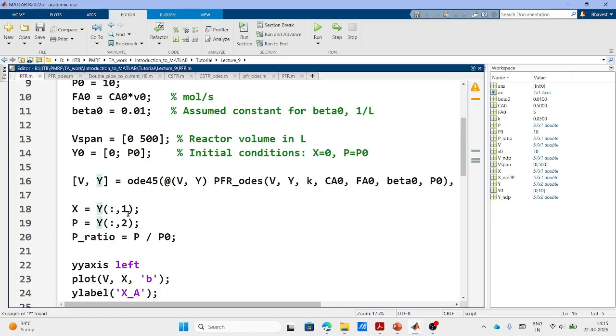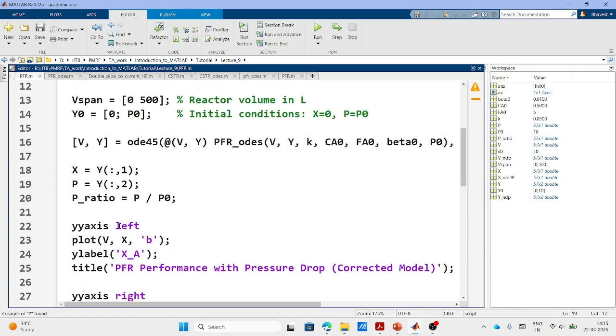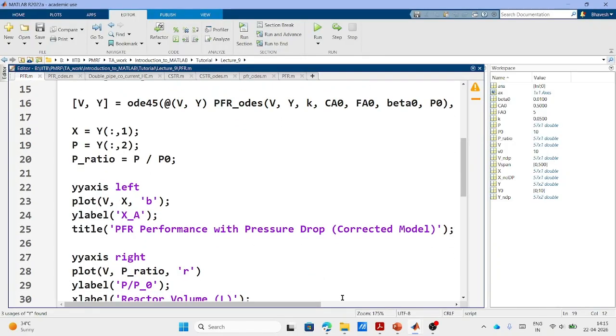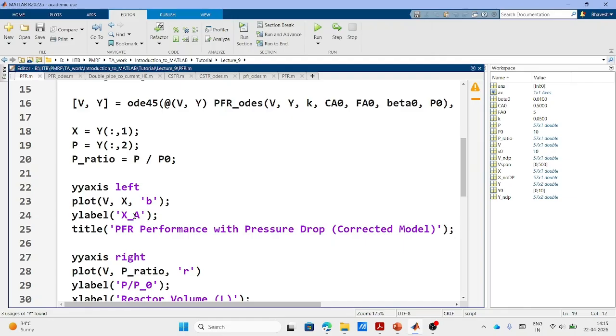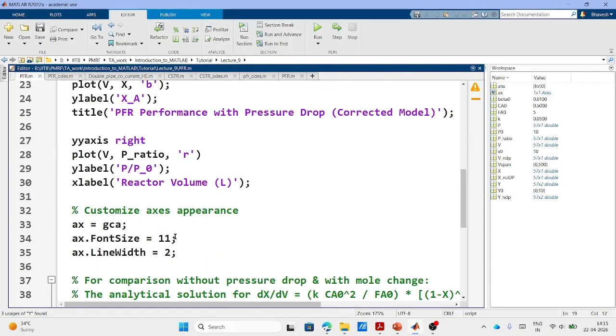The first column will give you the X value, the second column will give you the pressure value, then you compute the P ratio. I am plotting the graphs in one plot only. On the left side I will have the conversion versus volume. On the right side I will have the pressure versus volume.